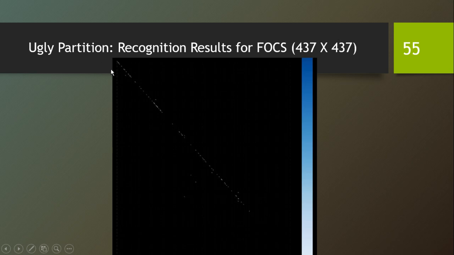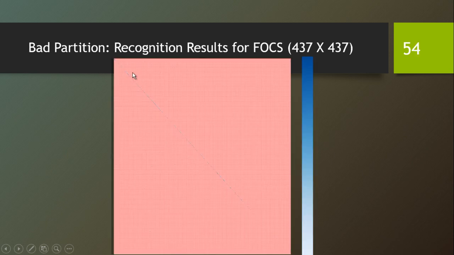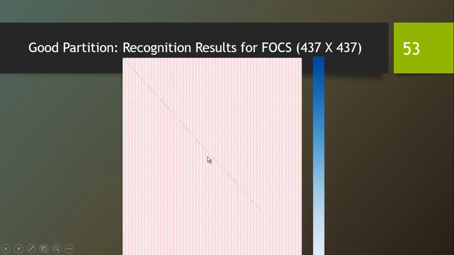Here are the two labels, and you can see a diagonal having true positives, and they have a support of about 3 images of each subject.